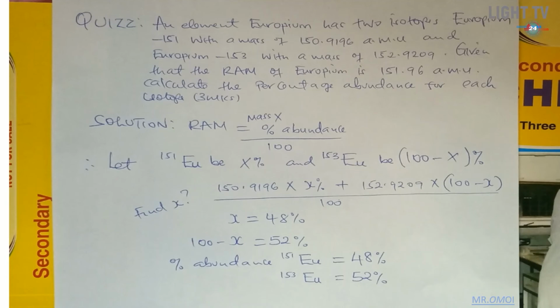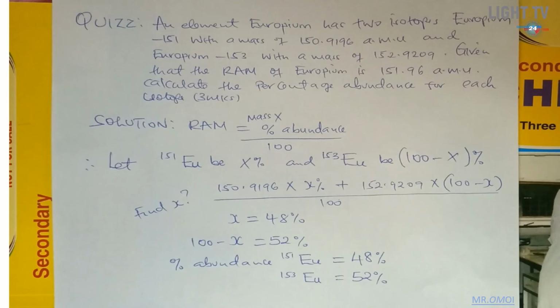That's why I'm using X. And let the percentage abundancy for europium 153 be, if 151 is X, the other one is 100 minus X. So that's the way to go. So let the percentage abundancy for one isotope be X and the other one is 100 minus X.